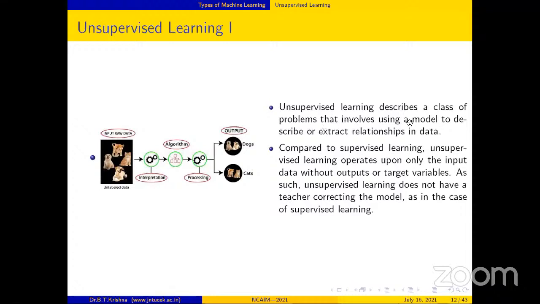Unsupervised learning describes a class of problems that involves using a model to describe or extract relationships in data. Compared to supervised learning, unsupervised learning operates only on the input data without outputs or target variables. Unsupervised learning does not have a teacher. This is the main point we have to remember.